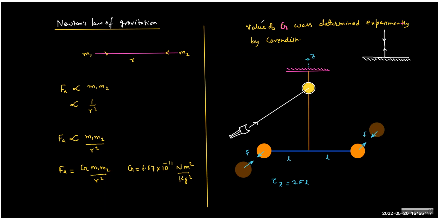If the mirror tilts a bit, even a small value, so now once you tilt like this, the normal will shift here.